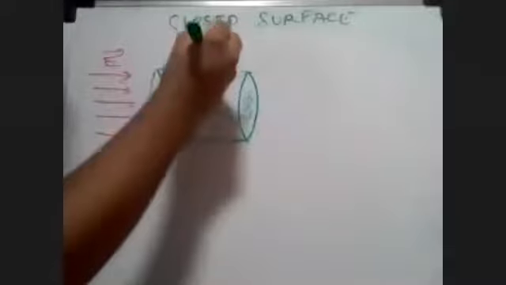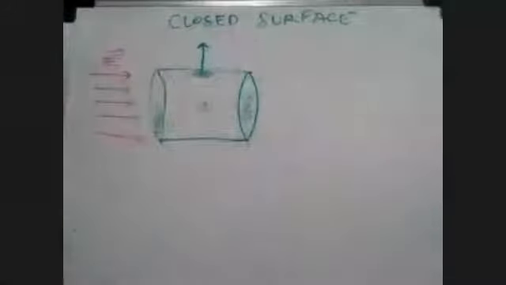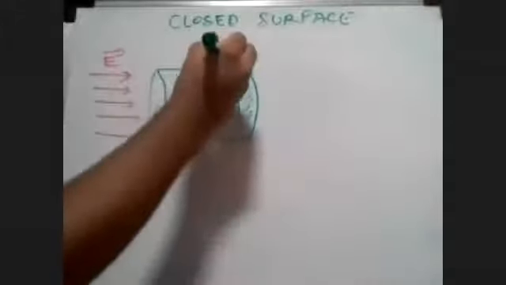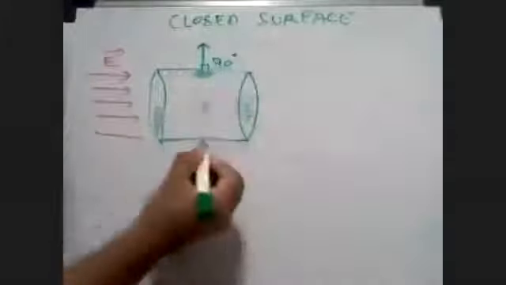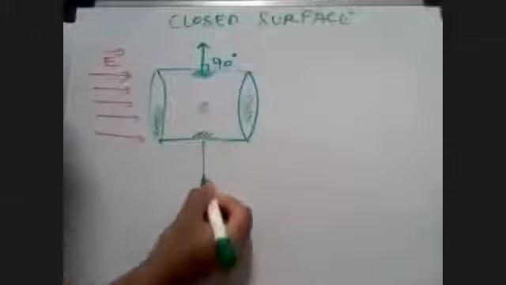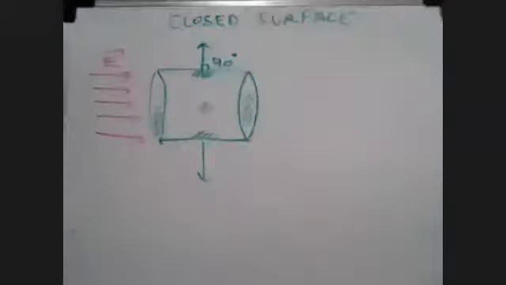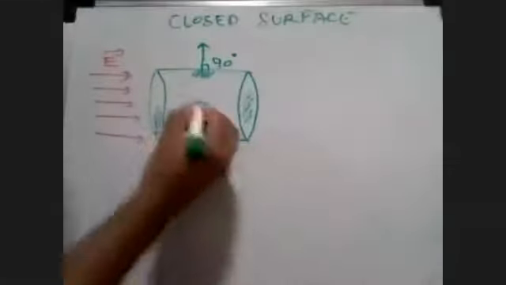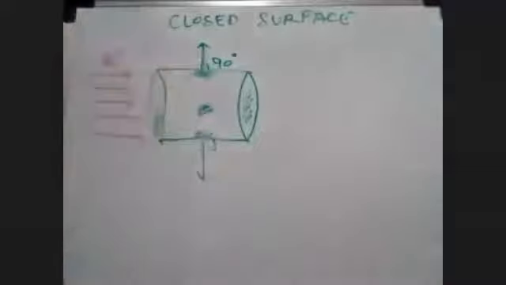What angle is it making with the electric field? 90. What angle will this make? 90. What angle will this make? Outside, towards you. 90. So we know 90.